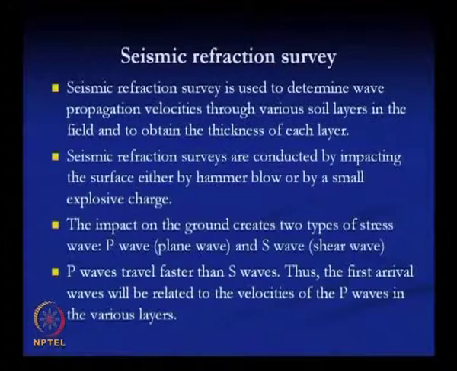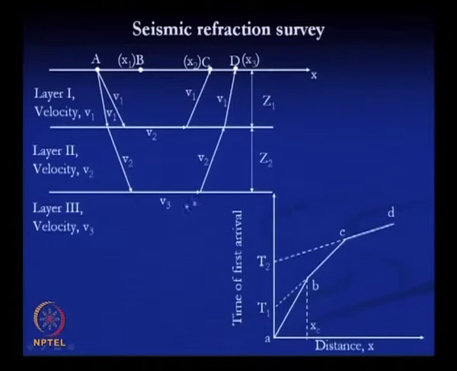Now, how do we generate these waves? We can generate them either by hammer blow or by small explosive charge. If I go to this diagram, this is the diagram of the seismic refraction survey method, and this is a 3 layer system.